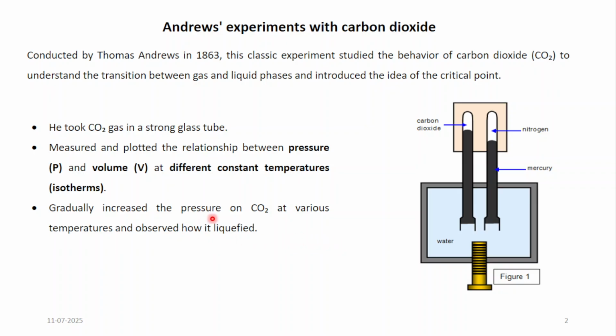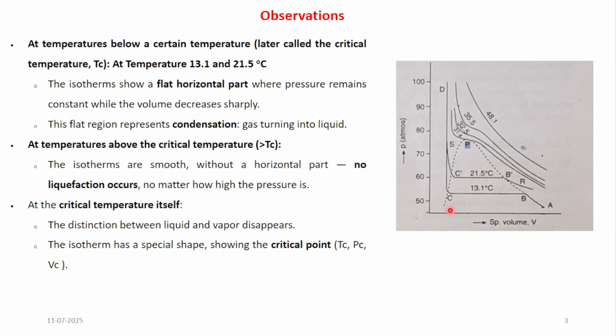He gradually increased the pressure, not suddenly, keeping the temperature constant. He did it at various temperatures and observed how this carbon dioxide gets liquefied. So this was the graph obtained.